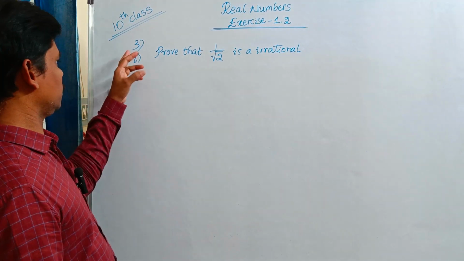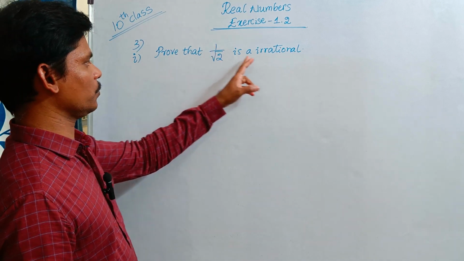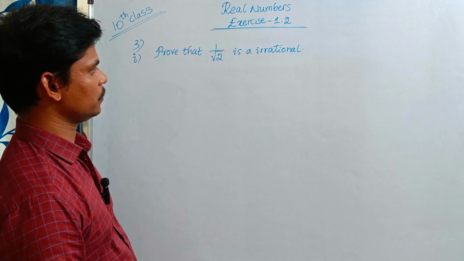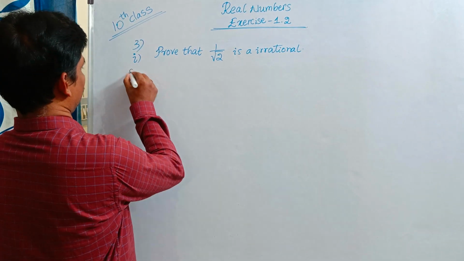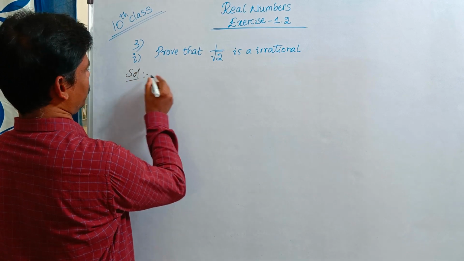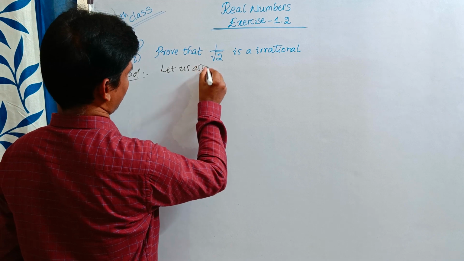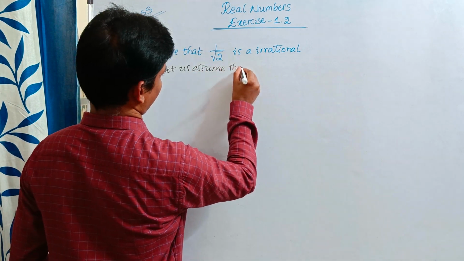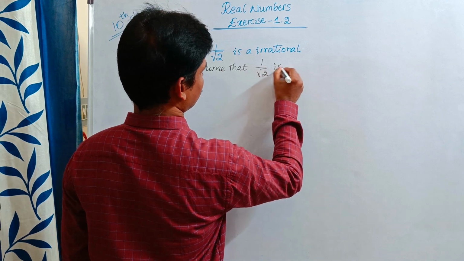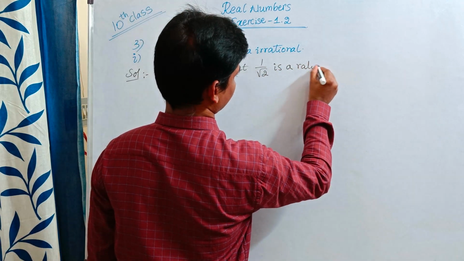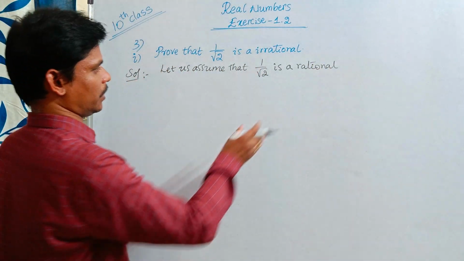Third Roman. In third Roman, first one, prove that 1 by root 2 is irrational. So here also same procedure. Let us assume that 1 by root 2 is rational.